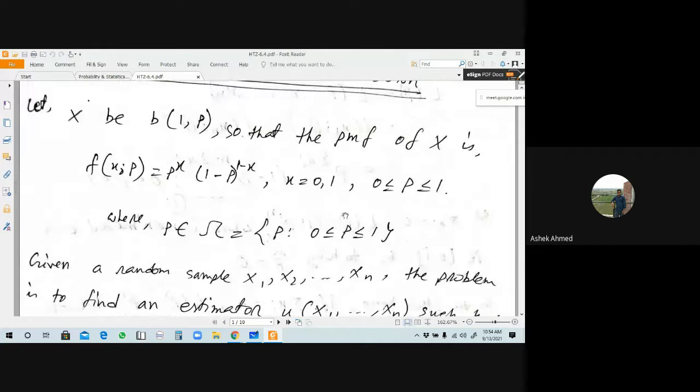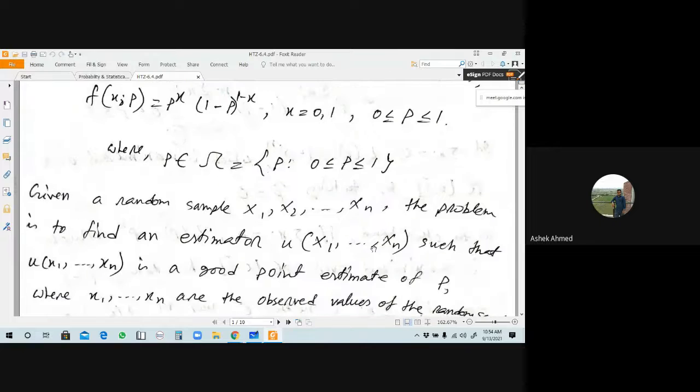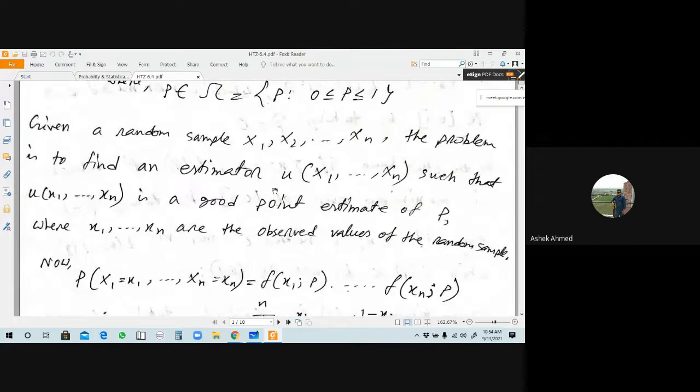From here we can say that p belongs to tau, which is 0 up to 1. So U of capital X1 up to capital Xn will be the estimator, and U of small x1 up to small xn is a good point estimate of p, where x1 up to xn are the observed values of the random sample.